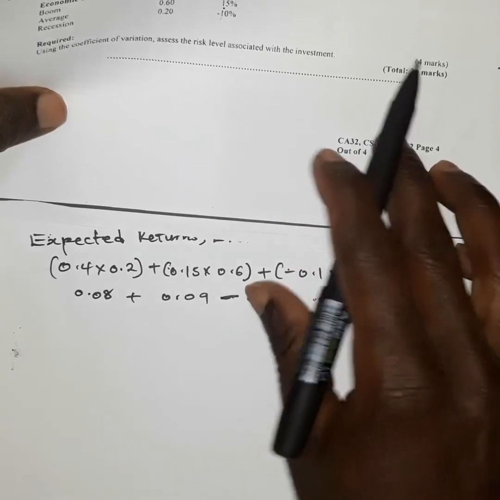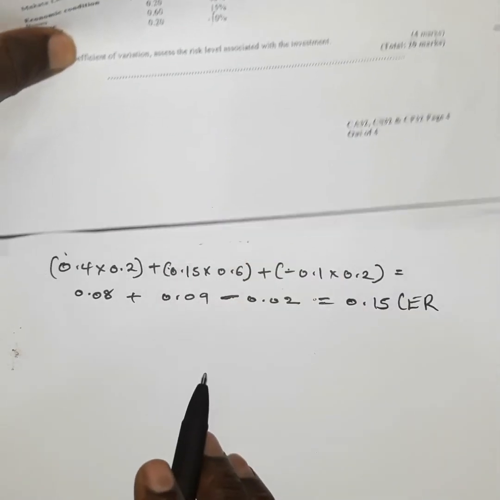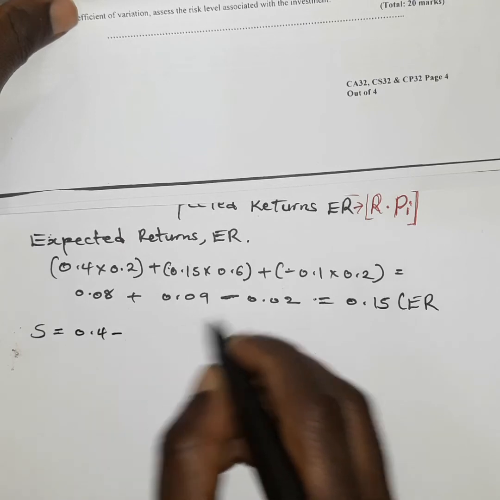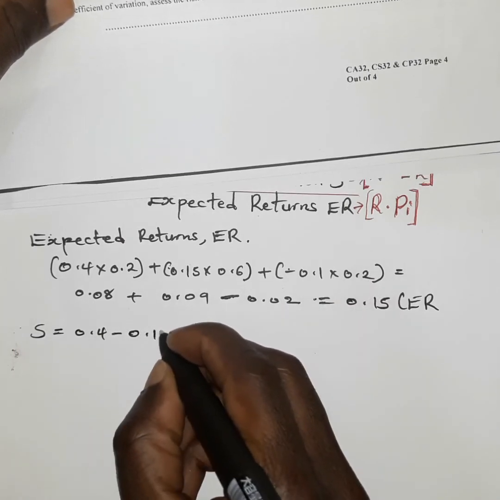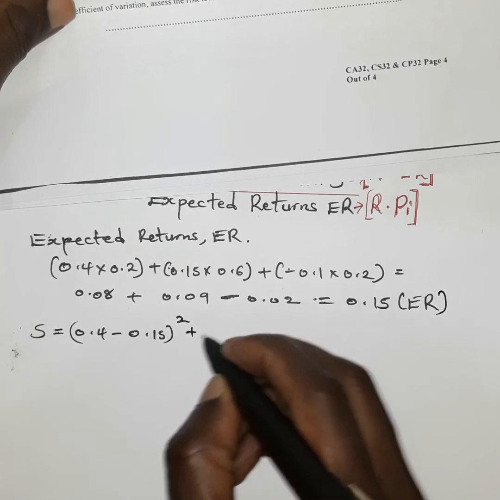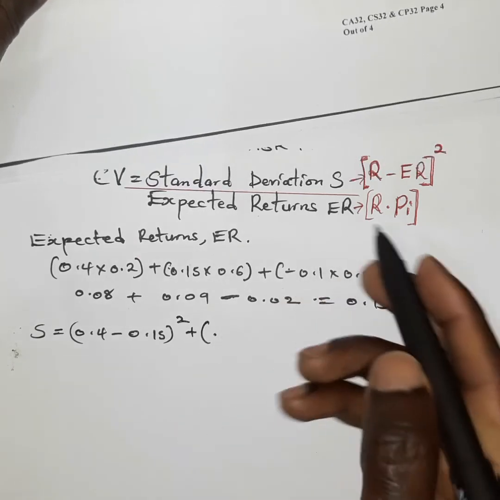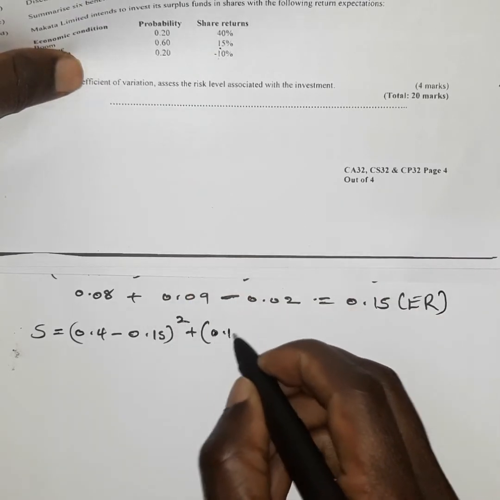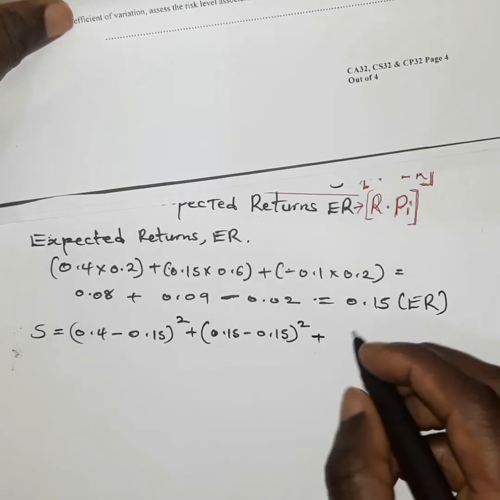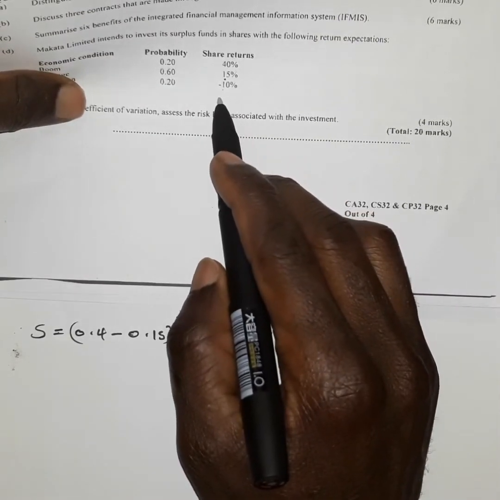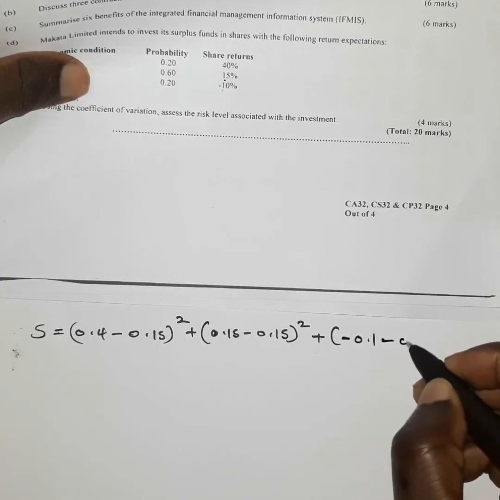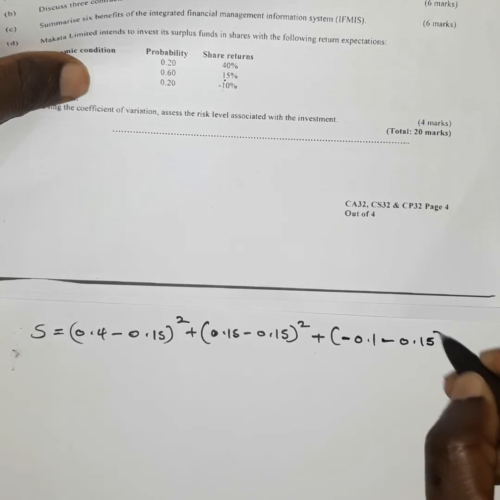For our first return, which is 0.4, we get our S, the standard deviation, which will be 0.4 minus 0.15, which is the expected return, you square that one, plus the second one, 0.15 minus 0.15, you square, then it will be 0, plus the last one, negative 0.1 minus 0.15 squared.